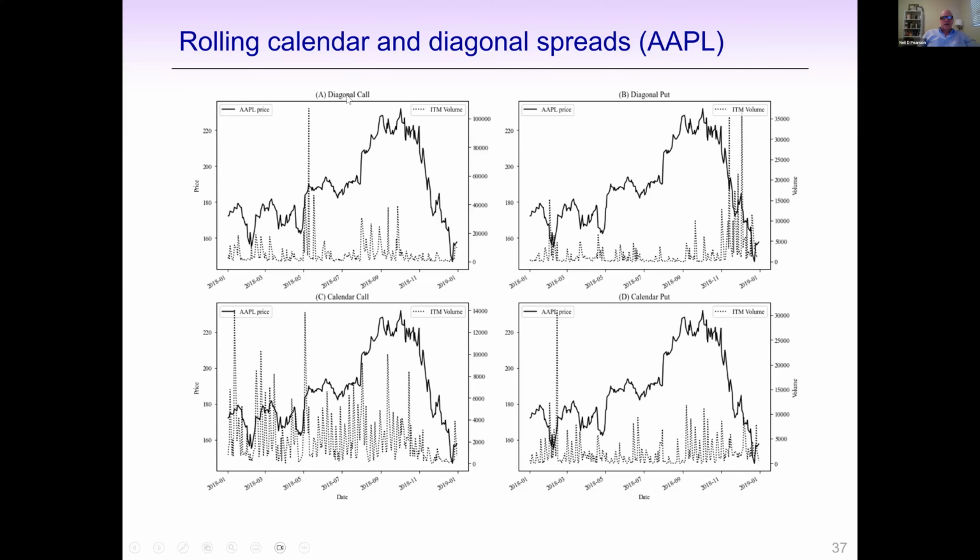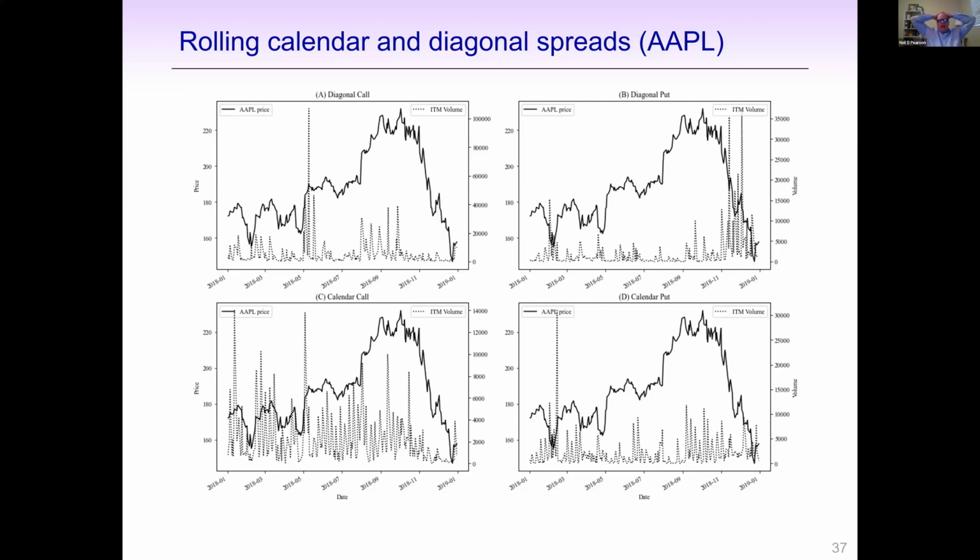Sorry, these are what I showed you for diagonals. Apple goes down, almost no trading in diagonal spreads where one leg is in the money. Apple goes up, almost no trading in diagonal puts where one leg is in the money, right?